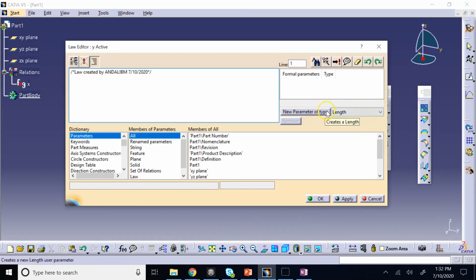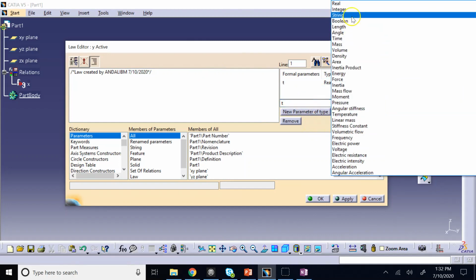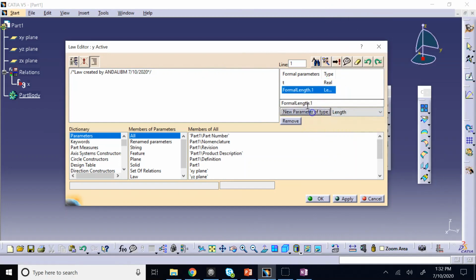And again, I say I want a real parameter and call that t, and then I want another one called y, and then here I say y is equal to sine of t. Now again, t is real, but it has to be in angles, in radians. So whatever t is, I multiply by 1 radian. So now it is going to be in radian.